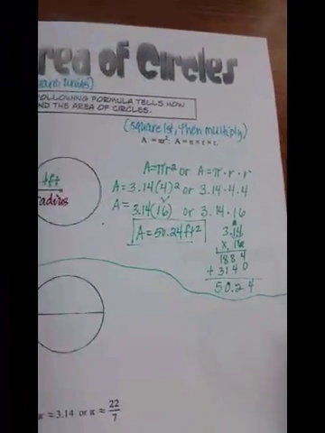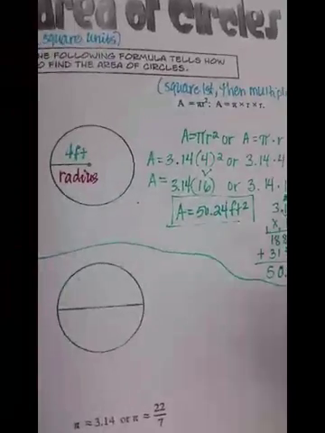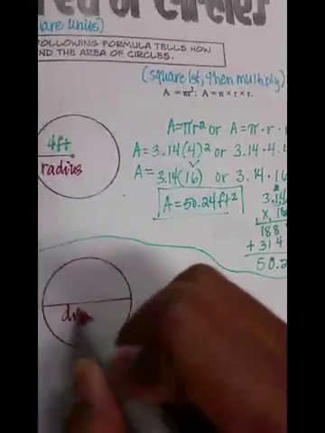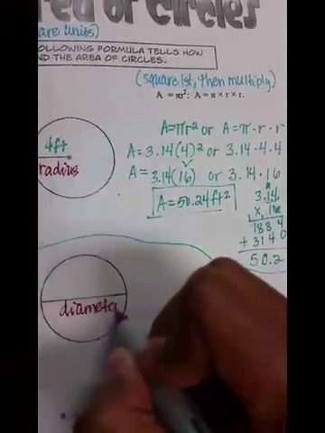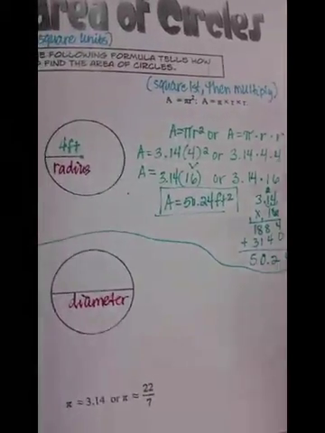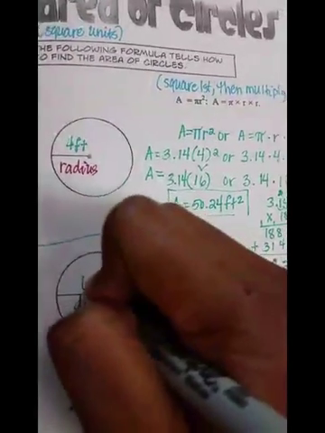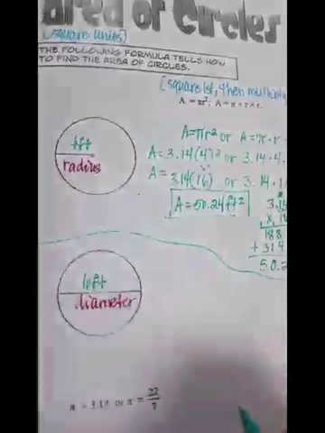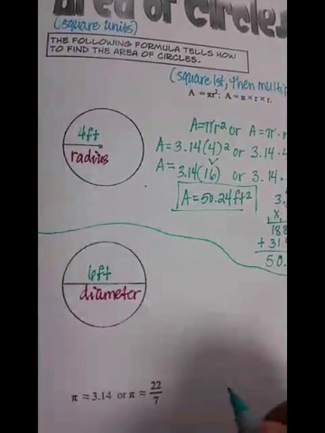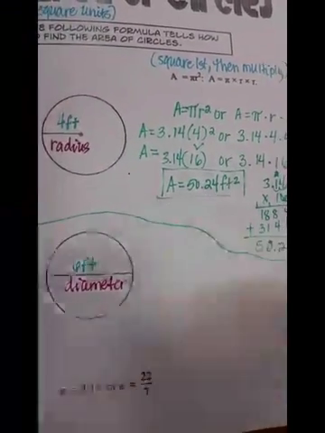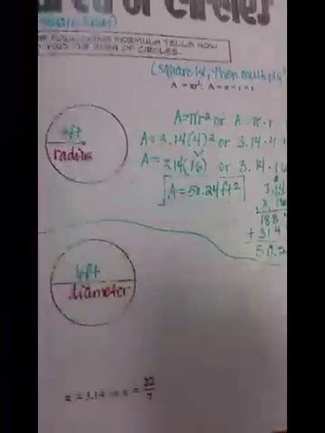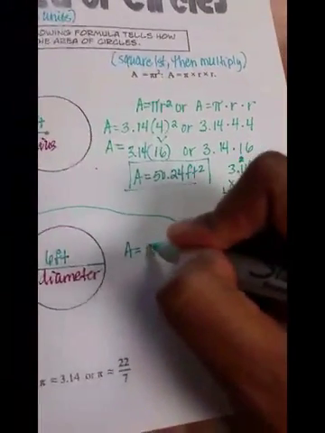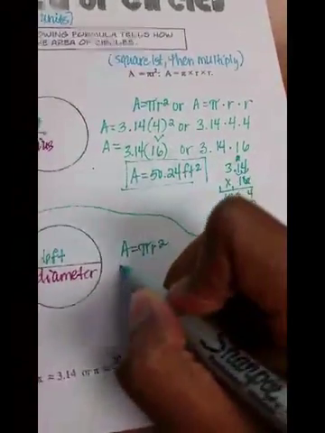All right. My next circle here is giving me my diameter, because we know diameter goes all the way across. Okay. And for this diameter, we're going to use 6 feet. Now, it's giving me my diameter, but in my formula, if you notice when I write down my formula, A equals pi r squared, I need my radius.